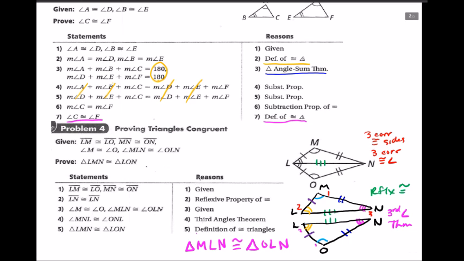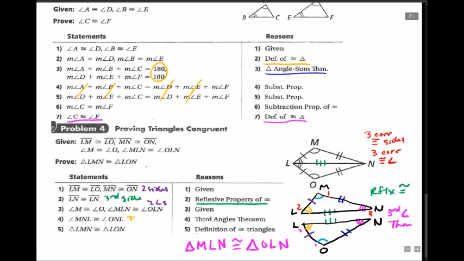So let's look at our proof and see how they did it. All right, here are 2 sides that were given. And here is our third side that uses the reflexive property of congruence. Here are 2 angles that are given.